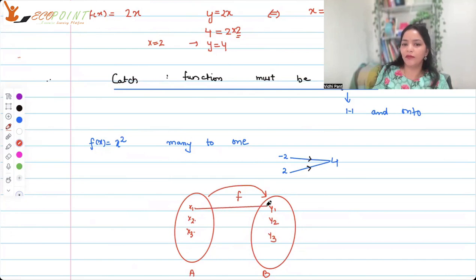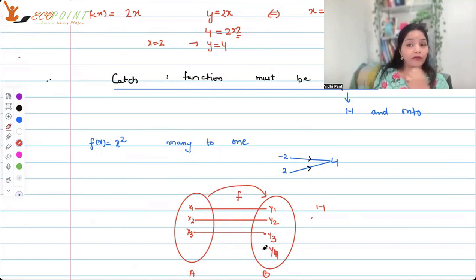So x1 is mapping to y1, x2 to y2, x3 to y3. Now, suppose this is just one-to-one and it's not onto. So let's take an additional element in your codomain, y4. Now y4 is not mapping back to anything.